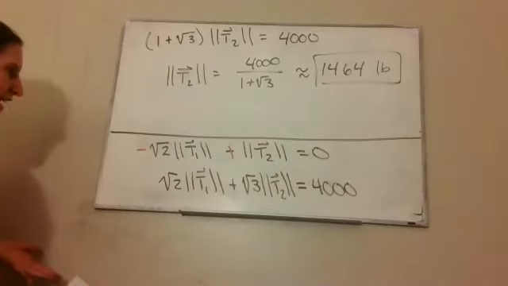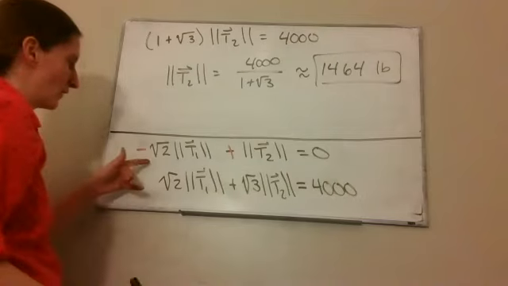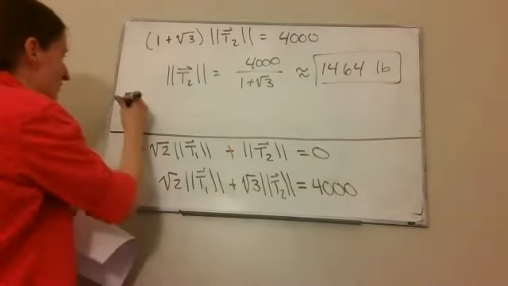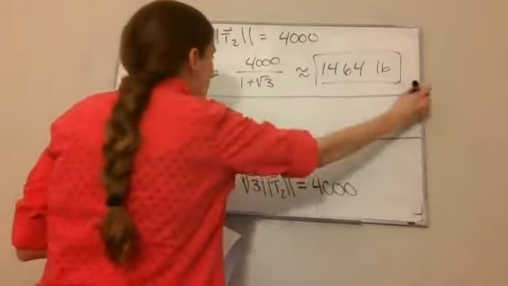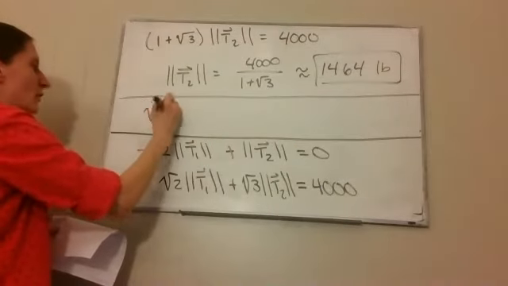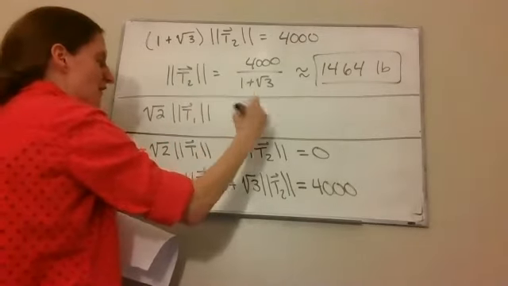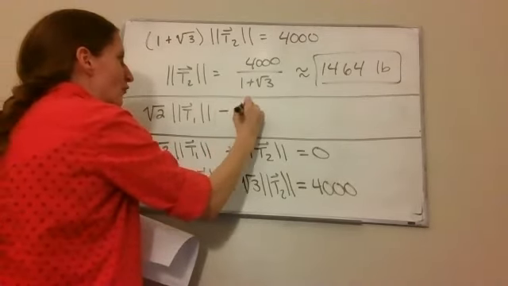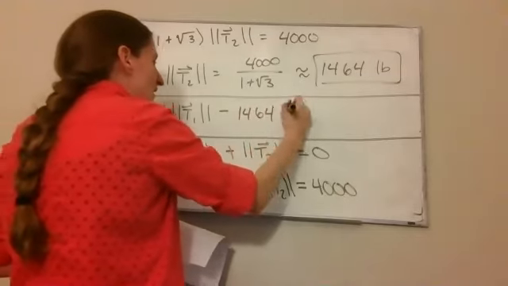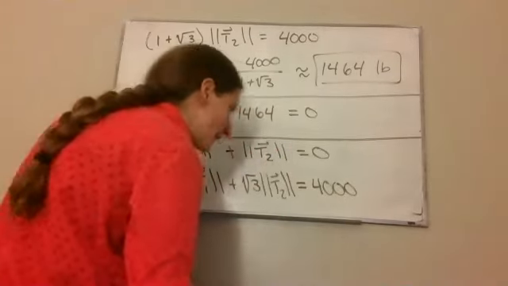Now I can take that and plug it back into this first equation to get my magnitude of T1. So I have square root of 2 times magnitude of T1 minus my 1464 is equal to 0.